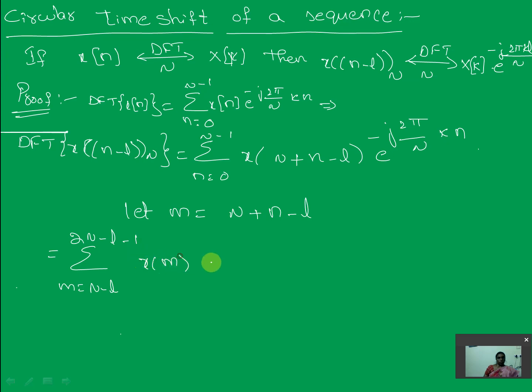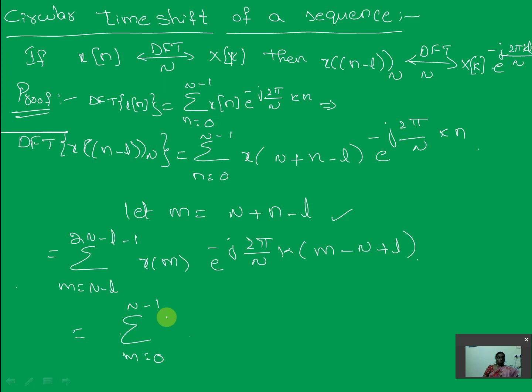Here this is x of m e power minus j 2 pi by N k n, where n is nothing but m plus L. Now this is also equal to a summation whose duration is again N samples, upper limit minus lower limit, so you can consider it from 0 to N minus 1.